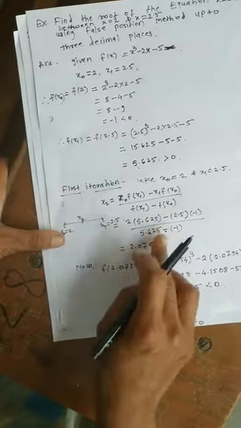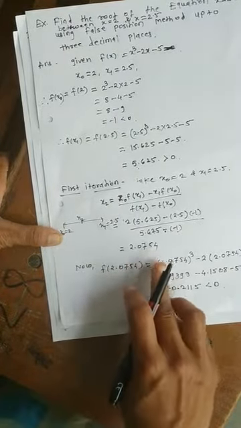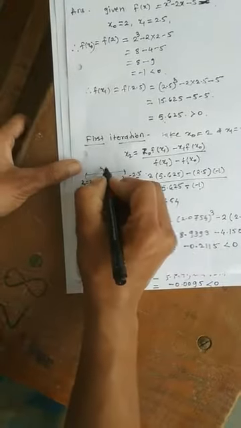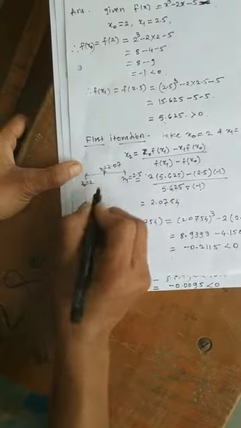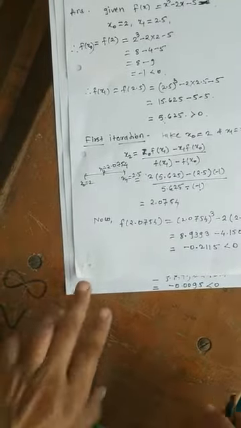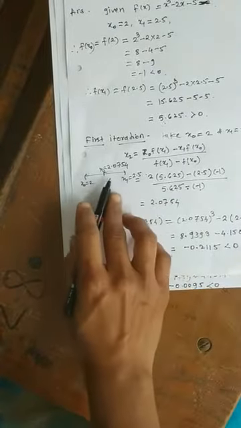Calculate this value, we get 2.0754. So we have x2 as 2.0754. Okay, so now we find the next new search interval.